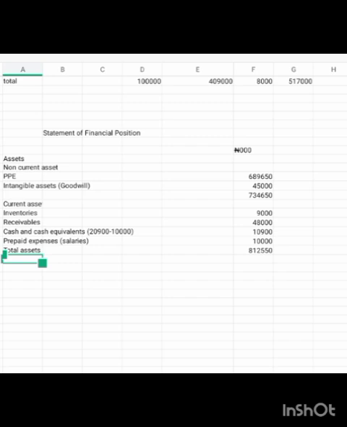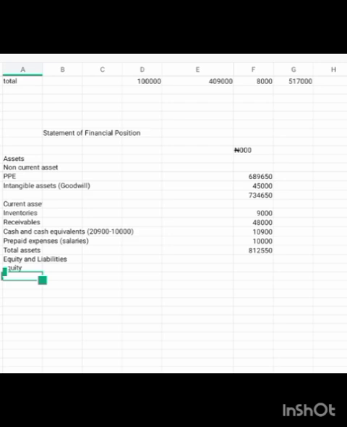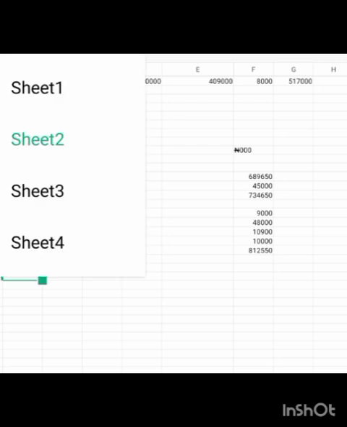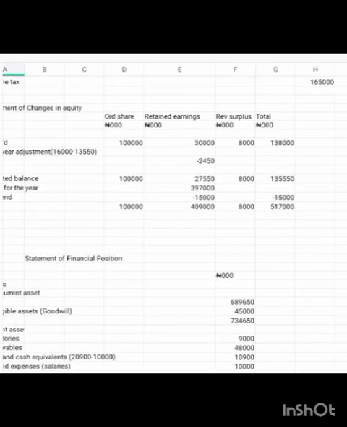Then we move to our equity and liabilities. Our equity, just as we calculated it in our statement of changes in equity, we bring everything there.